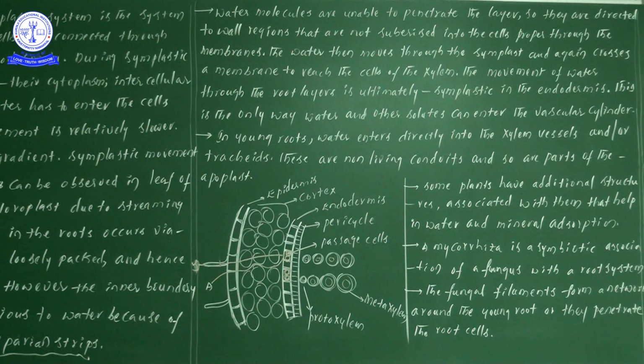Remember, in the regions of root we drew unicellular root hairs at the region of maturation. Likewise, fungal filaments also come and get attached to the young root, or sometimes penetrate into the root system. So by associating with or penetrating the young root system, what is the use?